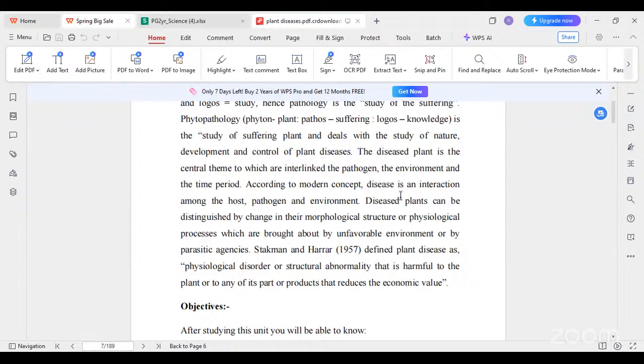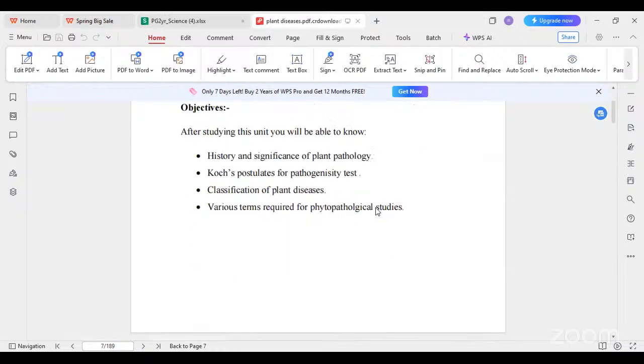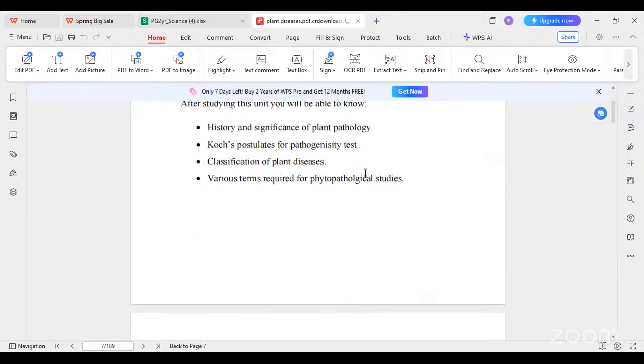Sackman and Harrier, 1957, defined plant disease as a physiological disorder or structural abnormality that is harmful to the plant or to any of its parts or reduces the economic value.